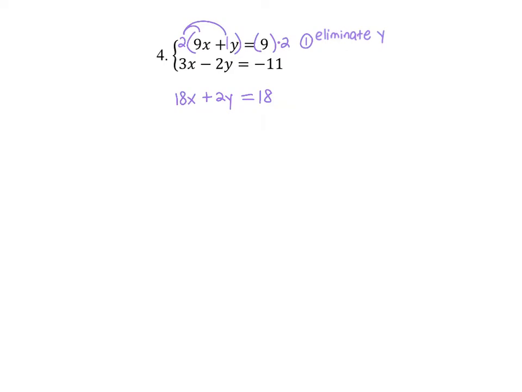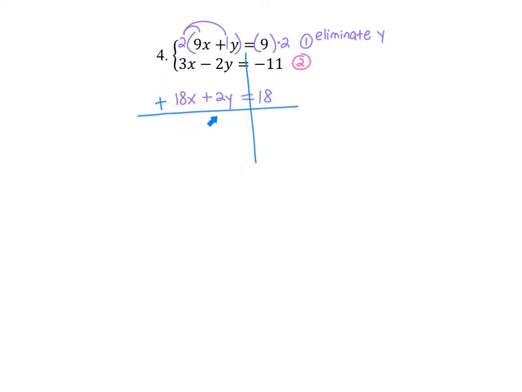Instead of rewriting my other equation, I'm just going to leave it there and then add. So this is me adding to equation number 2. Now I'm looking at equation number 1 and equation number 2 and adding those together. So add left side to left side, right side to right side.